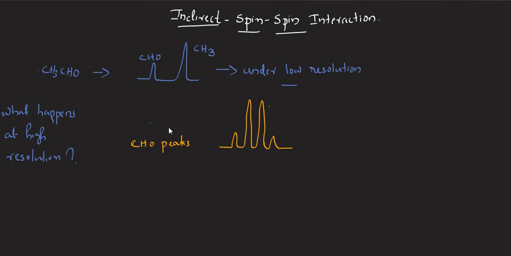That is the intensity ratio of your CHO peak under high resolution.